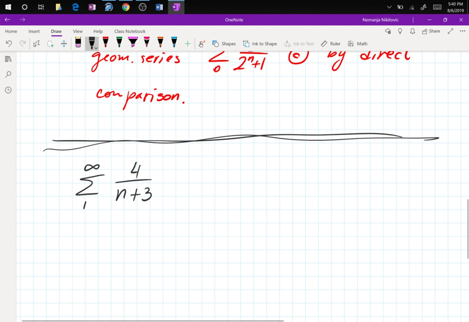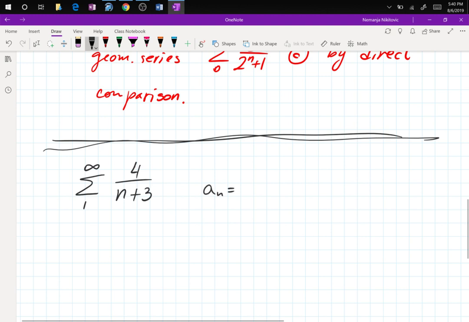And what do we know about harmonic series from last class? We know that harmonic series diverge. So we expect for this to diverge, so we can try and compare this to 1 over n or 4 over n. We can use 4 over n, it's fine.